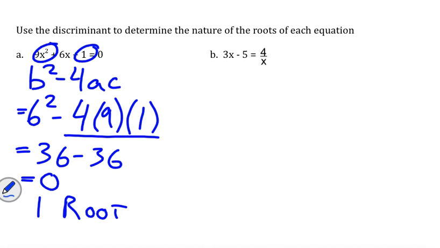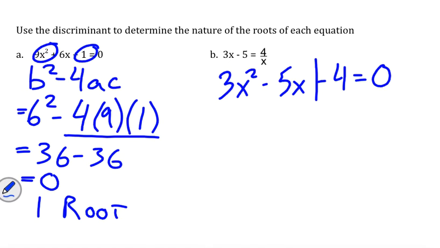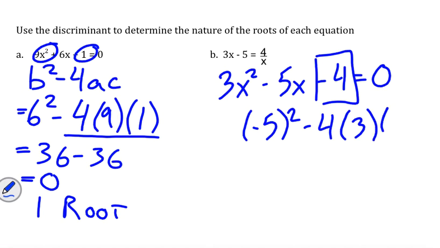Over here, we've got to multiply everything by x first and bring that 4 over. So we're going to get 3x squared minus 5x, and then the 4 is positive, so it becomes negative, equals 4. And that's the c value I was talking about. I can tell by looking at this equation that this is going to be a positive answer at the end. So b squared is negative 5 squared, minus 4 times 3 times negative 4. Two negatives make a positive.